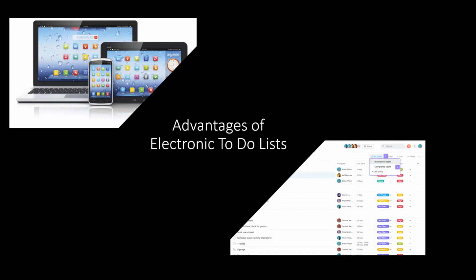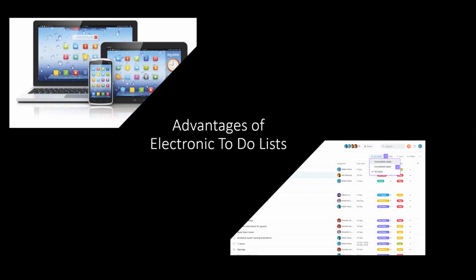Organizing your tasks is extremely convenient when it's electronic. So doing things like if you want to sort or filter, you want to sort it by importance or by due dates or by subjects. You can't do that with a piece of paper. You write it down in that order, it stays in that order. It's electronic.